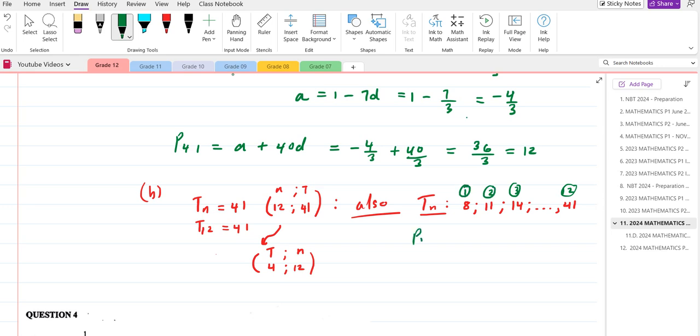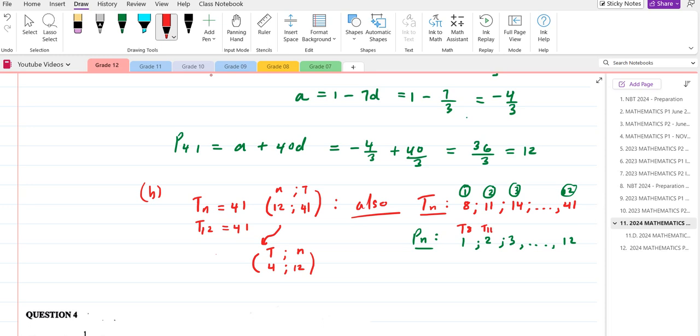Now in the new sequence Pn, the values are going to be 1, 2, 3, and so on right up till 12. So this is going to be term 8, that's term 11.